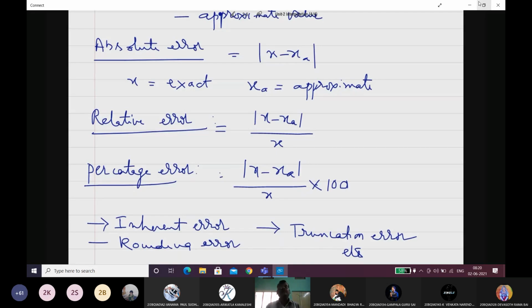Okay. Now again we move into our original topic, finite differences.